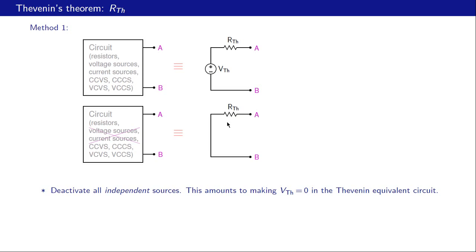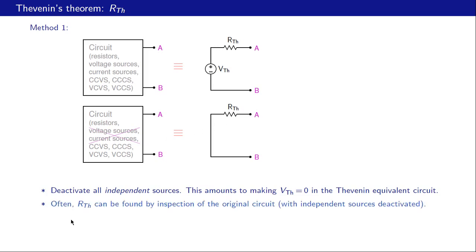And now if we look into the port AB of the original circuit with the voltage sources and current sources deactivated, then whatever resistance we see must be the same as RTH. Often RTH can be found by inspection of the original circuit with the independent voltage sources and independent current sources deactivated. And if that does not work, what we can do is to use a test source.